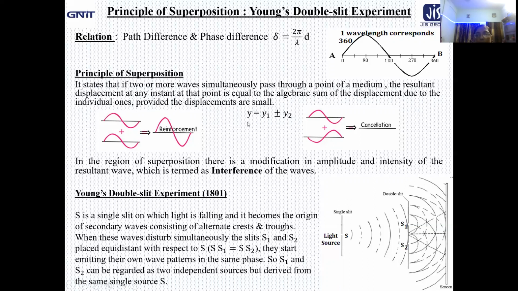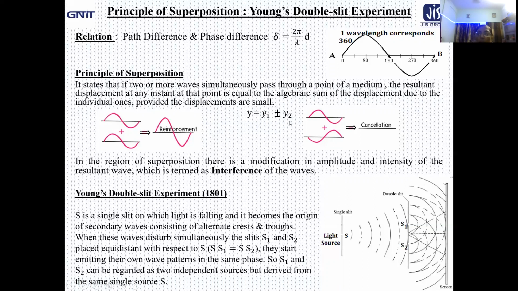Say for example, at any point in a medium, due to the presence of one wave, the displacement of a particle at any instant is say y1. Similarly, the displacement of that particle due to the presence of a second wave for the same time is y2.